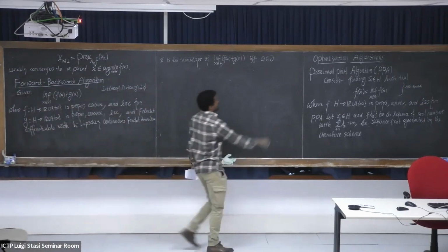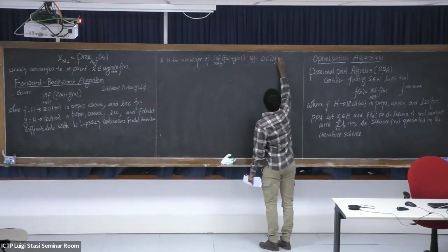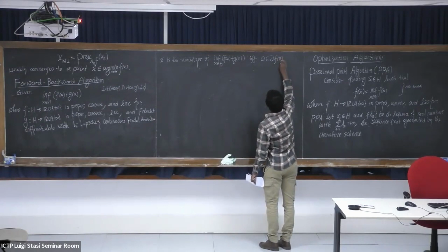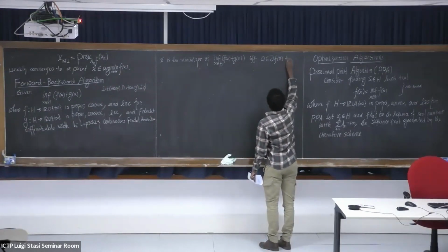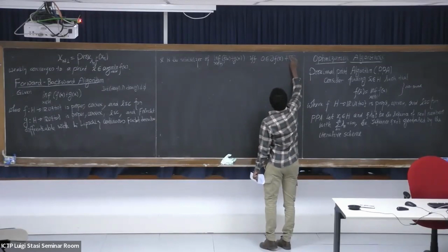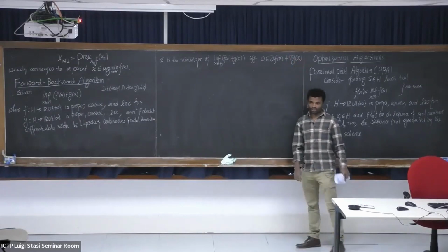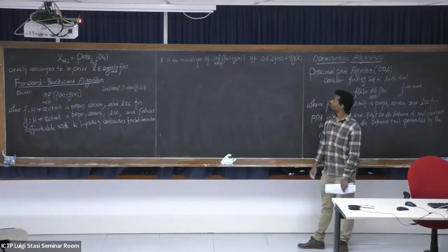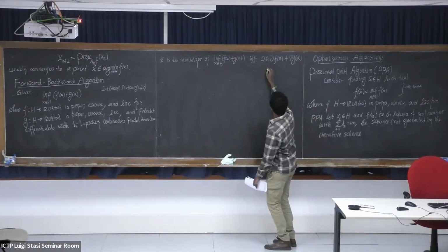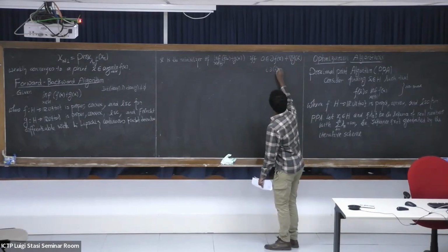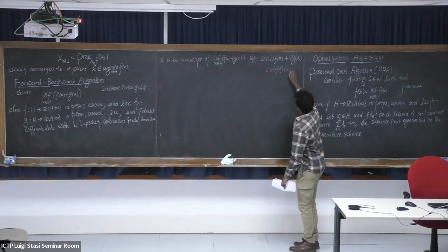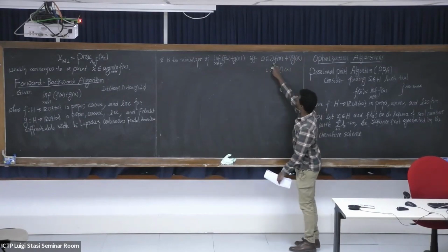Otherwise, I cannot have this, because by first order this will not guarantee that this is a subset of this one.